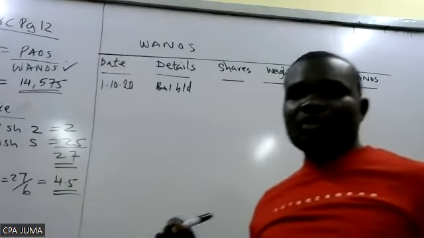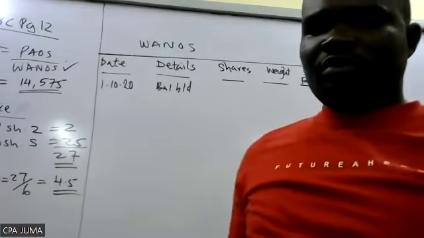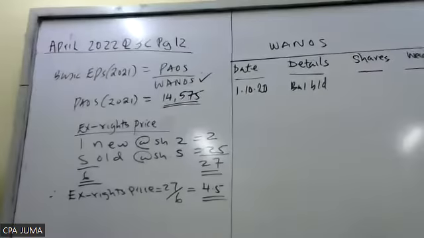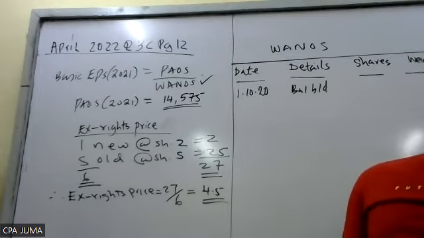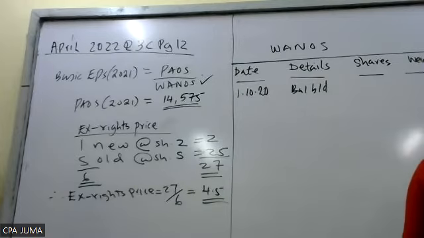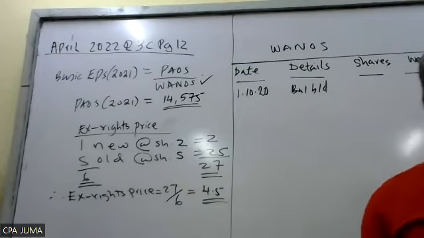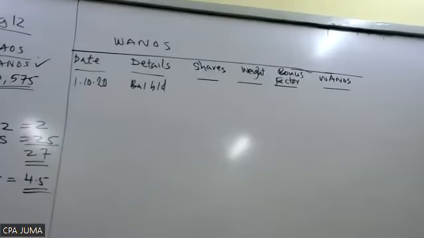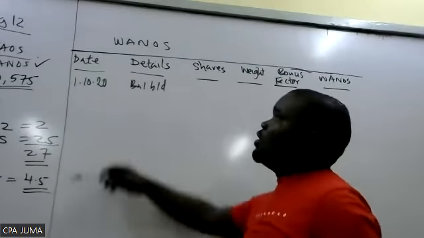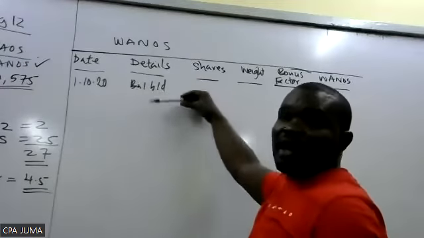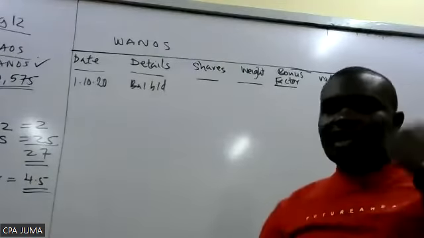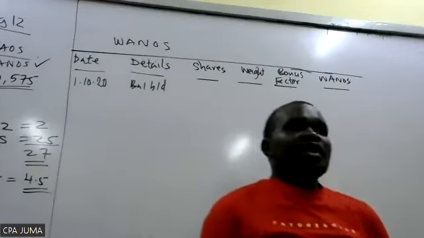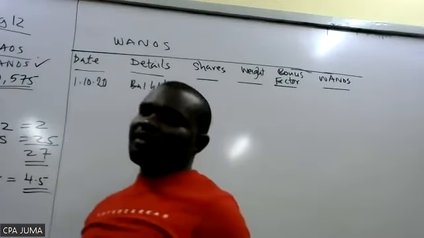You check how many shares were there. So it started on 1st October 2020, balance brought down. How many shares are you seeing which were there at the beginning when this year started?